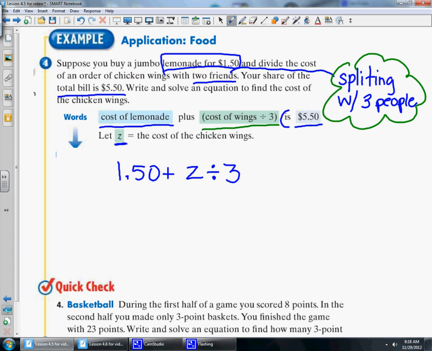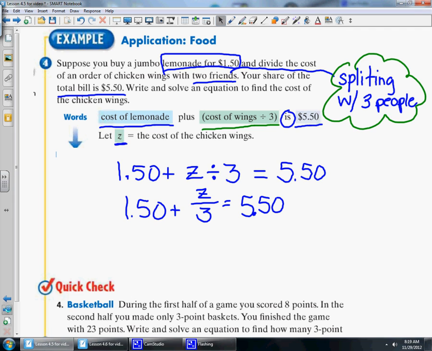Is, in math, always means equals $5.50. So another way that we can write this is 1.50 plus Z over 3, because remember the fraction bar line means to divide, and that equals $5.50.